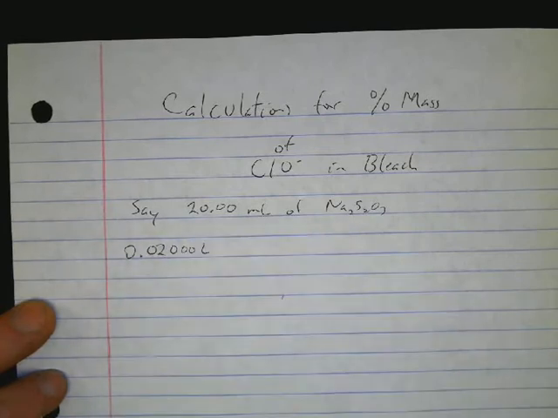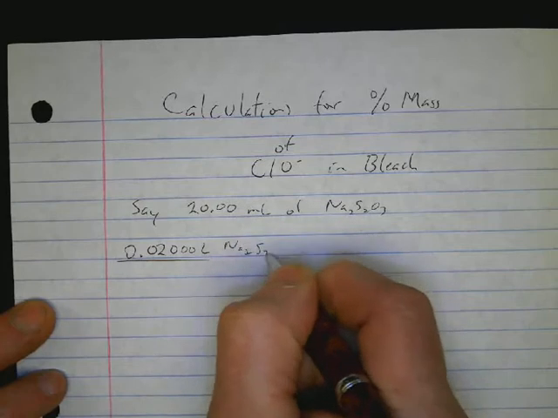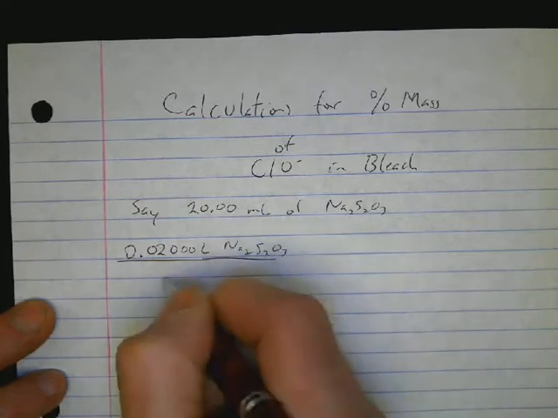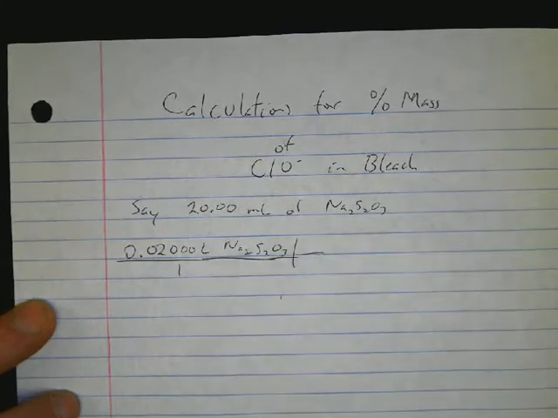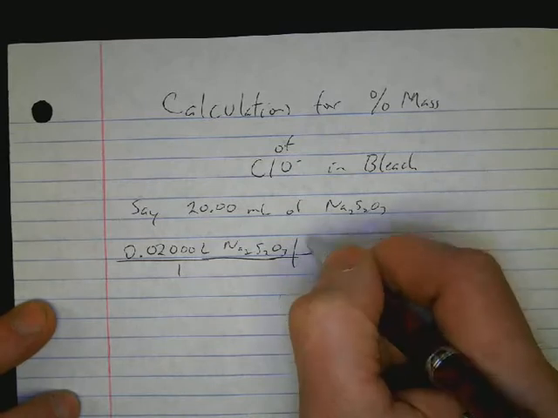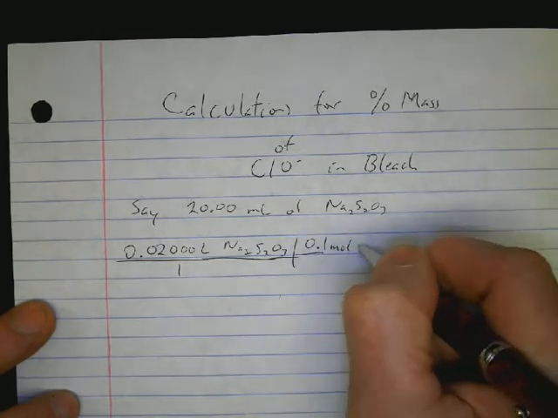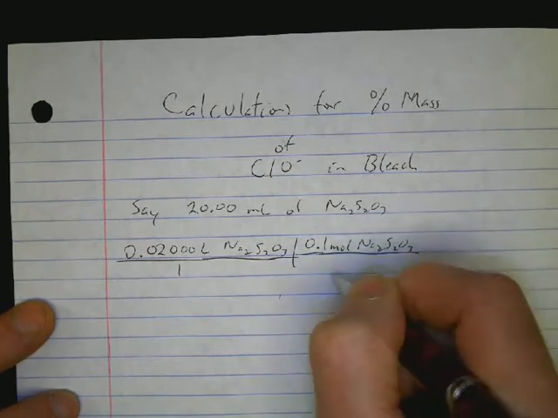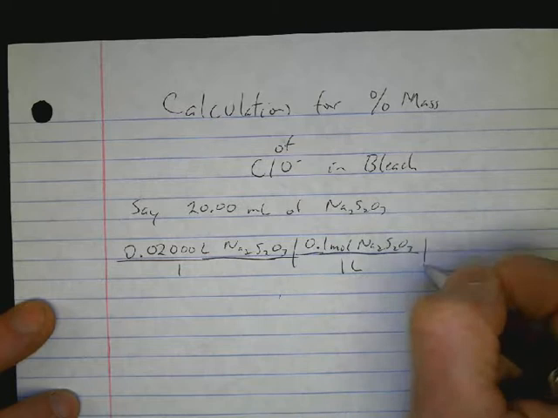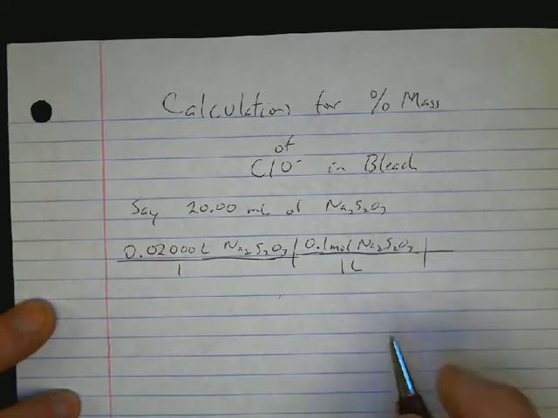And you're going to write Na2S2O3 over 1. You know the concentration of sodium thiosulfate was 0.1 molar, so 0.1 mole of Na2S2O3 to 1 liter.